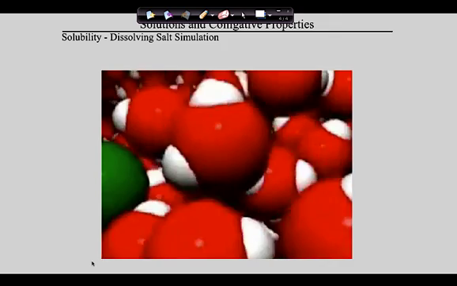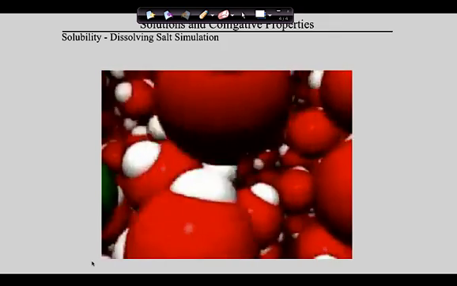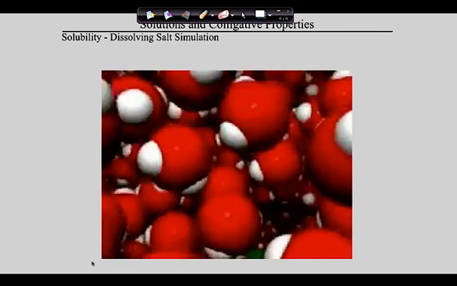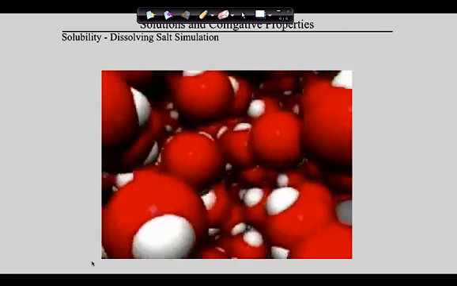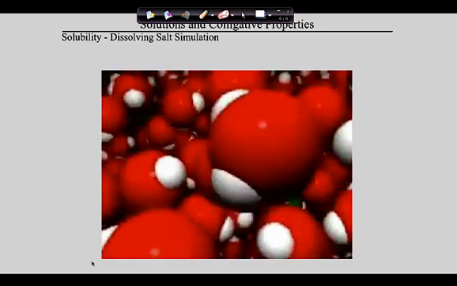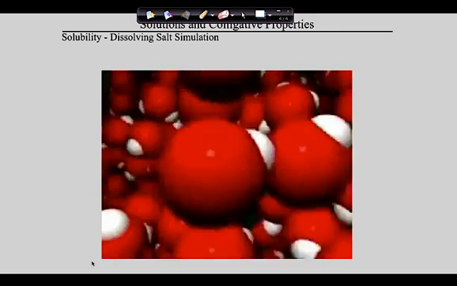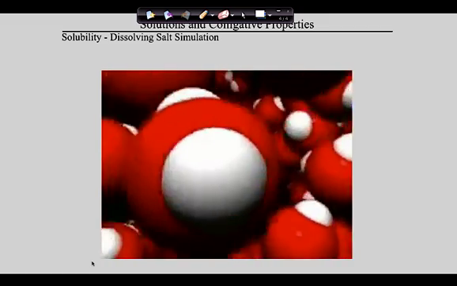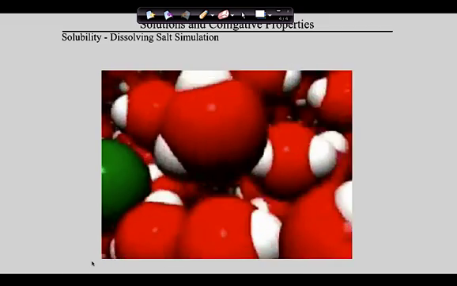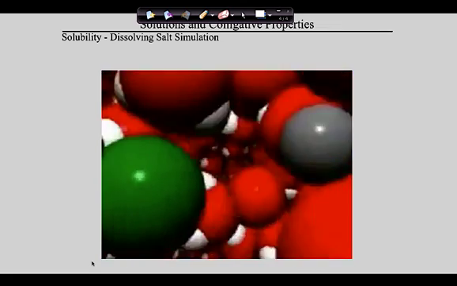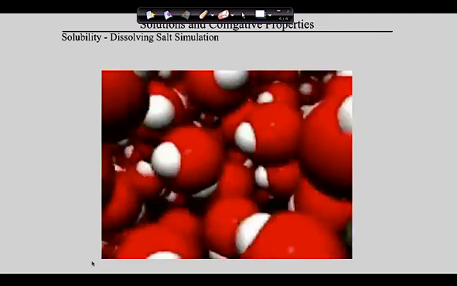And then you can see the ions that are tucked up inside of the solution. So you've got the water molecules moving around with the ions stuck inside of the water molecules. The intermolecular forces hold the ions to the water molecules, and that's how a solution forms. Do you get the idea? So guys, literally when the solution forms, it looks like this.